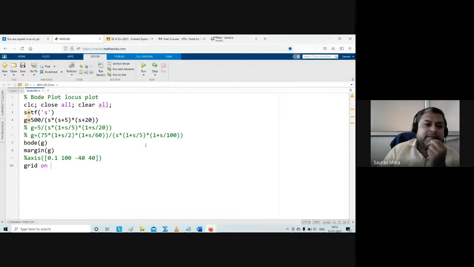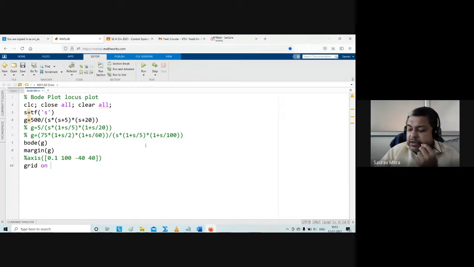Third thing, you can say what is the constant term. After converting it into time constant form, we are finding that there is a constant gain of 5 at the numerator. So 5 means it is 20 log 5, that is plus 14 dB. This is the third line you have to write. For all the numericals, the same thing you have to write.